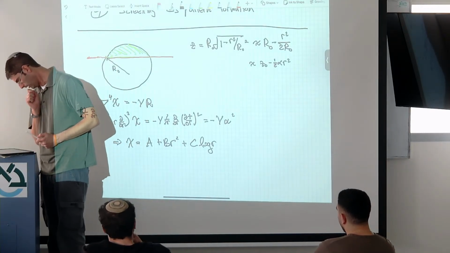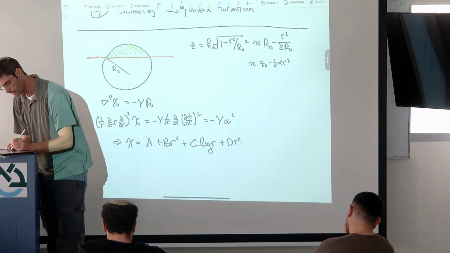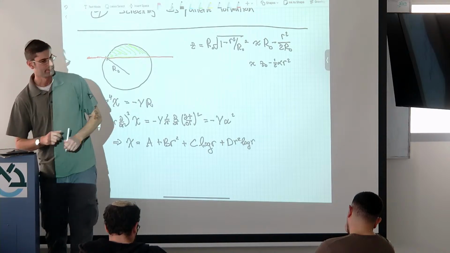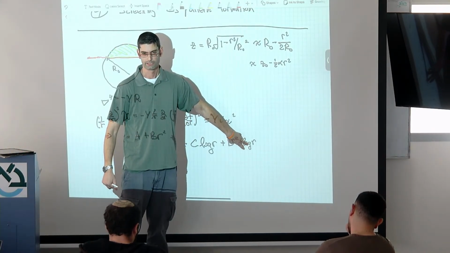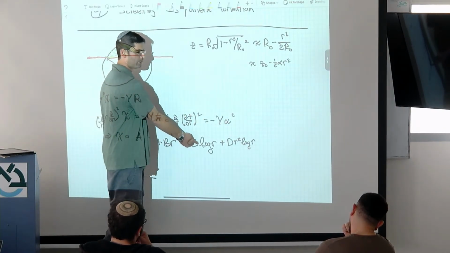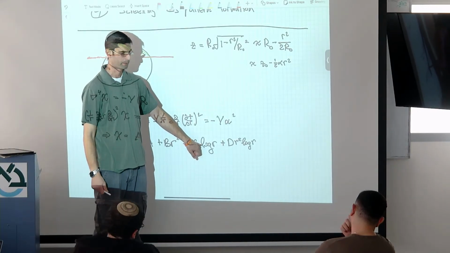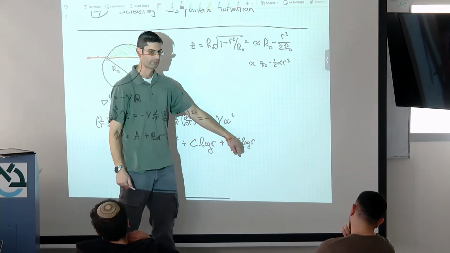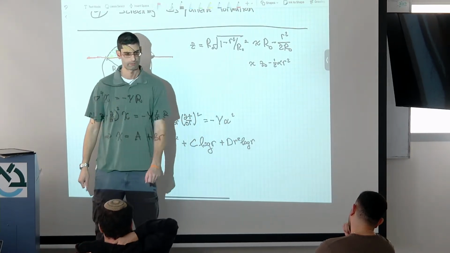Plus d r squared log r. That's the one that's a delta function when you take a fourth order Laplacian. So if you want, this is the source of singularities in the second order Laplacian. Okay, this is a type of singular charge, and this is a different type of singular charge. These are disclinations and these are dislocations or something like that.